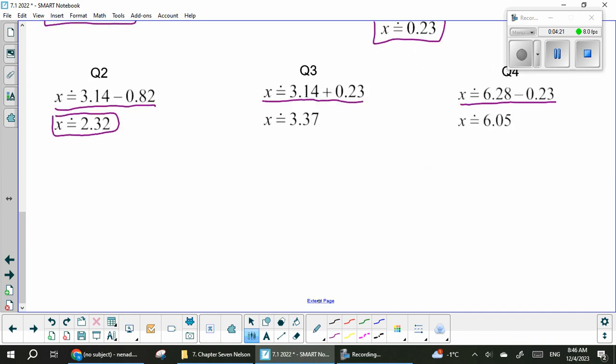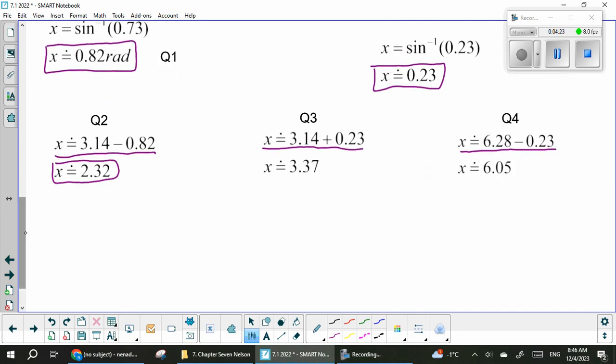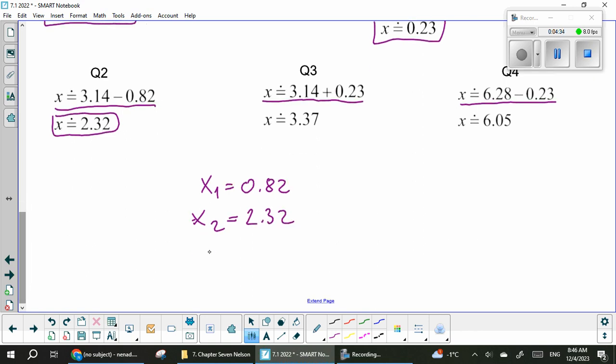So in this case, I'll summarize it. We have x1 0.82, x2 is 2.32, x3 is 3.37, and then x4 is 6.05. There we go. So that is all the possible answers that we generated.